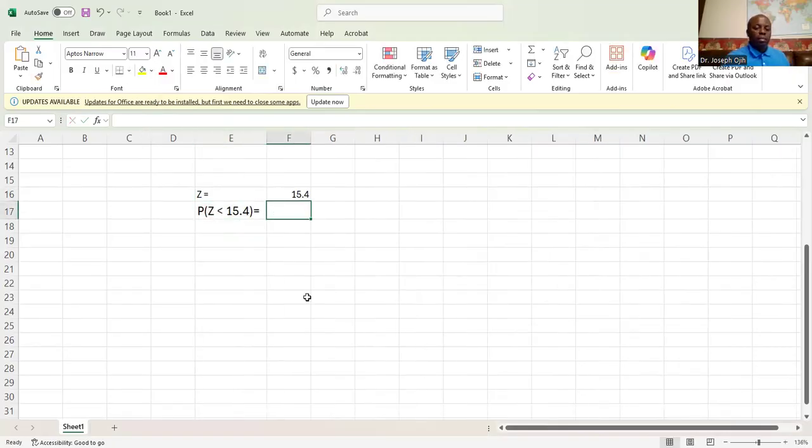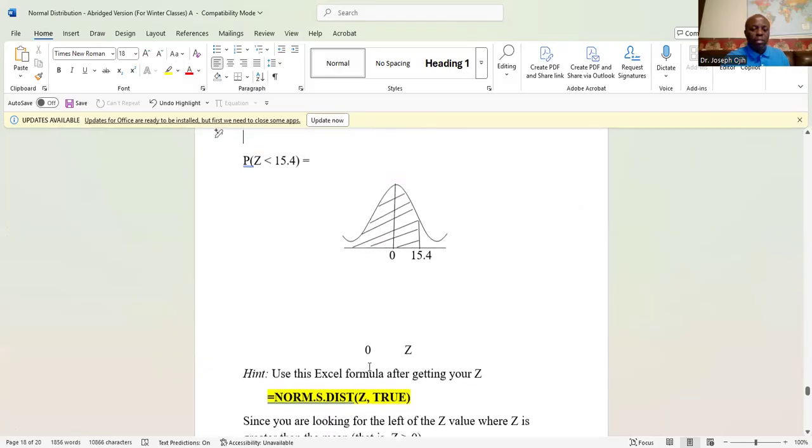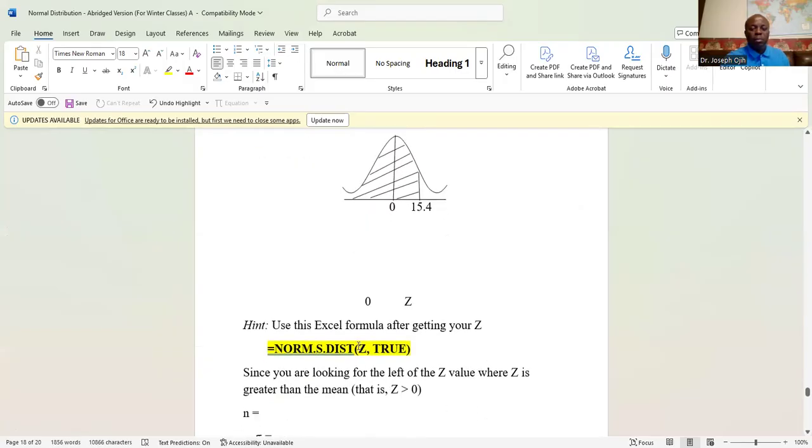So now again, this is the formula. Let me show you the formula again before we type it in. The formula is NORM.S.DIST(z, true), because I'm using the cumulative probability distribution.